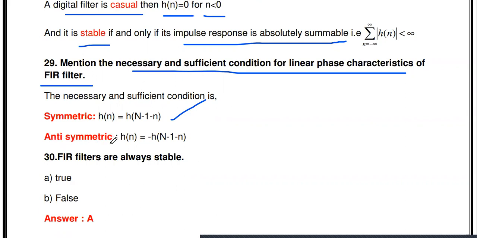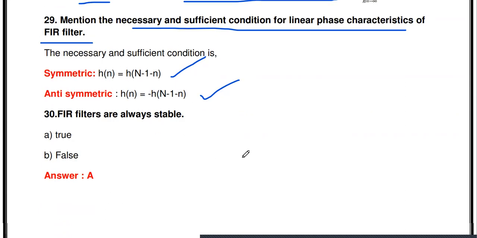If it is anti-symmetric, it satisfies the condition h of n equals minus h of N minus 1 minus n.